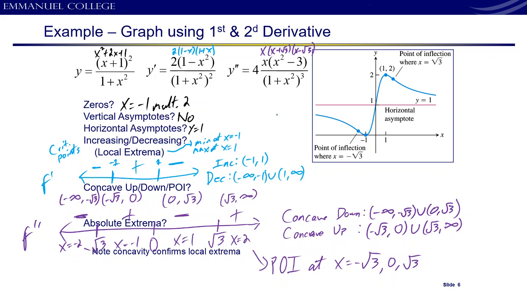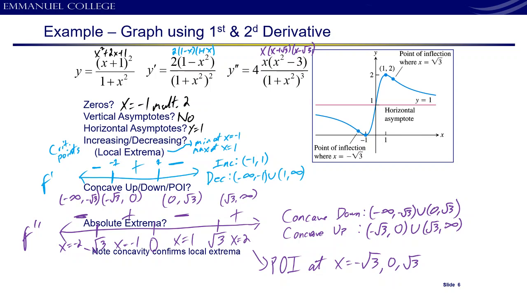Notice we're decreasing from negative infinity to negative 1, because you don't read it right to left, you read it left to right. Remember, we have our horizontal asymptote, and we want to know, did it ever cross it? If you want to know if it crossed it, this is how you would check. You would set 1 equal to the original y function, and you would find that the only place that it actually crosses is here at x equals 0. That's the only time it equals 1.